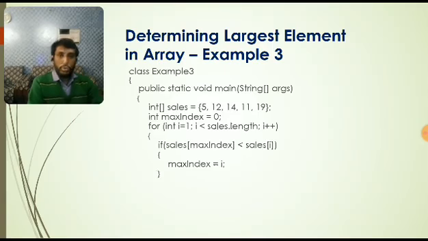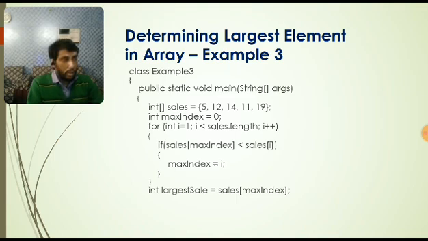Okay, so this is closed, and then one more variable to hold that maximum value. So int largestCell, assignment operator, cells[maximum], and then you have to print with System.out.println. If you print it, the largest cell value will come, that is 19, and the output will be 19.